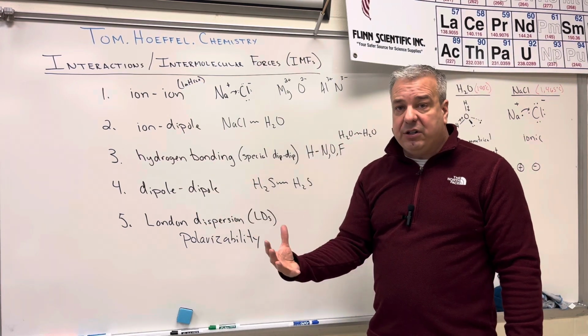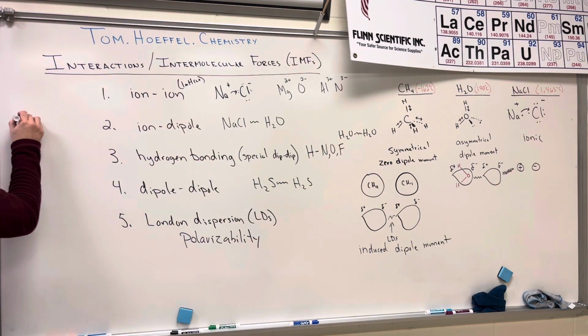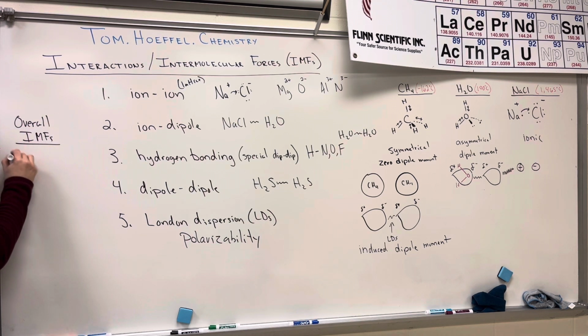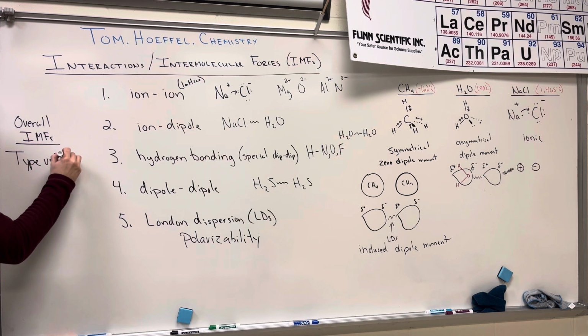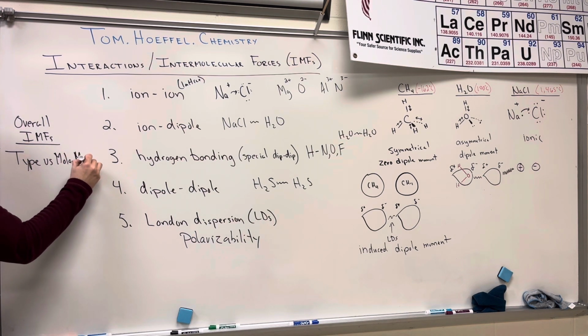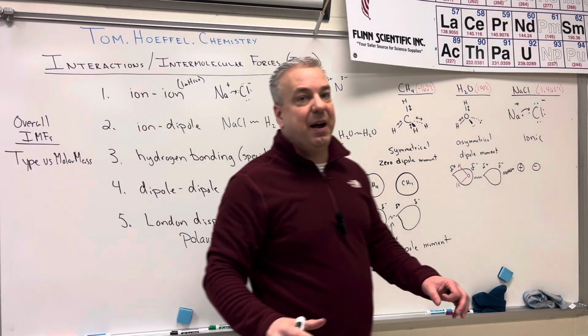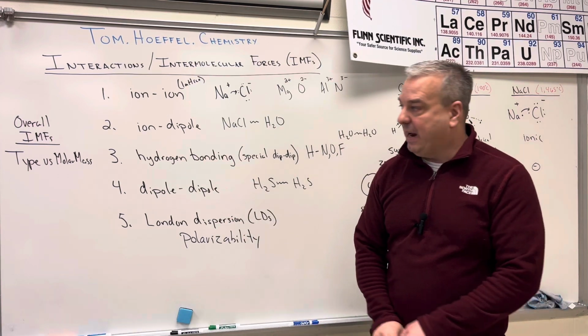So when you're determining the overall IMFs, it comes down to two things: type versus molar mass. Because like I said, if you have a large enough molar mass, you might have enough of these $1 bills to trump the dipole-dipole forces.